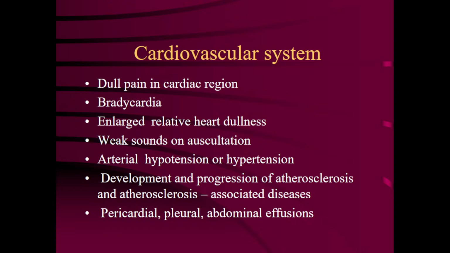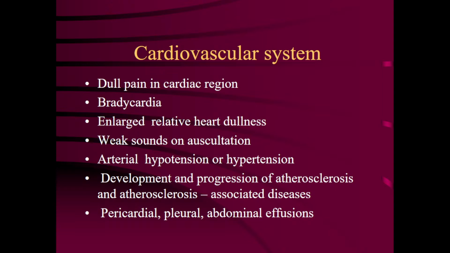And such patients complain of dull pain in the cardiac region. Bradycardia, enlarged relative heart dullness, weak sounds on auscultation can be detected, arterial hypertension, development and progression of atherosclerosis and atherosclerosis-associated diseases.